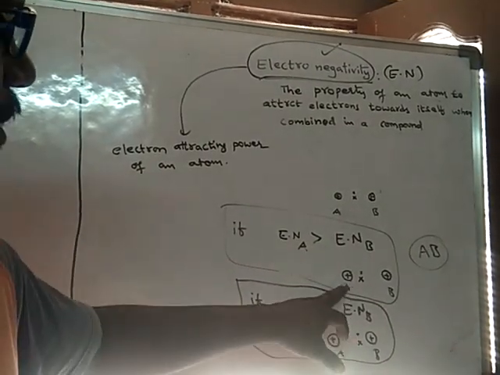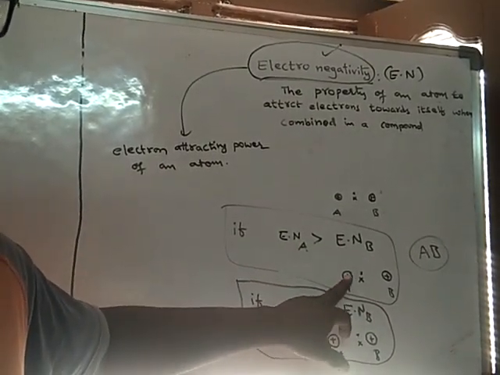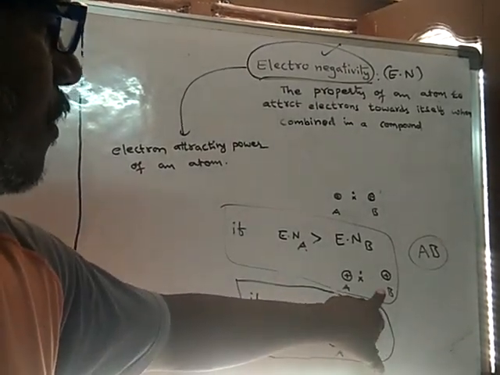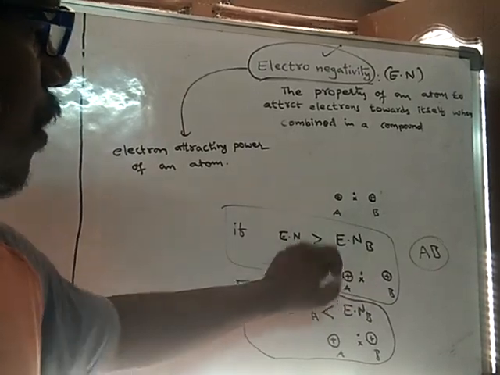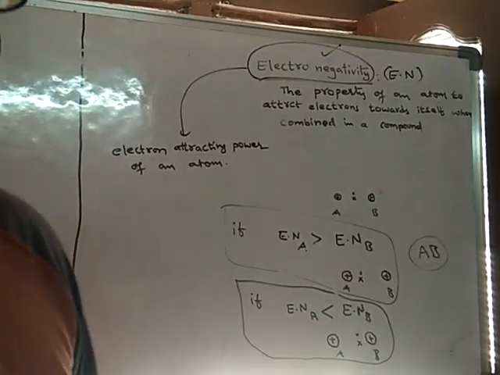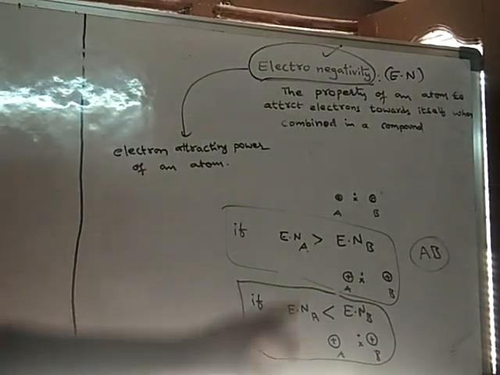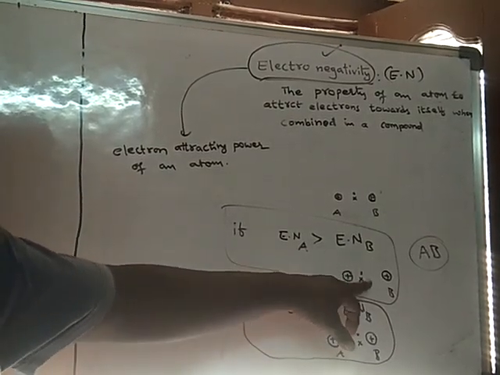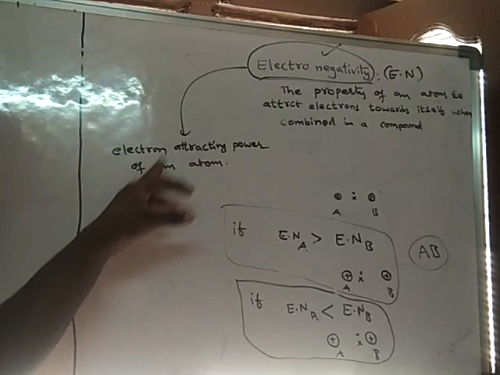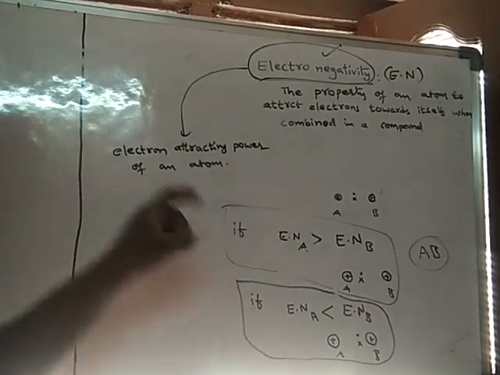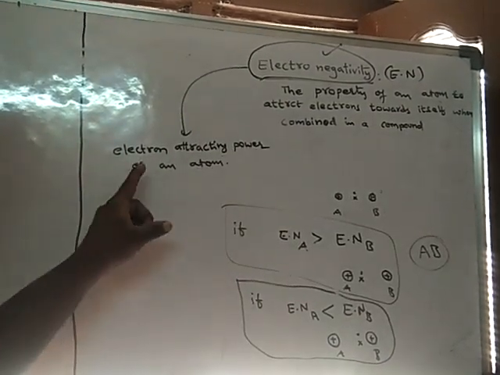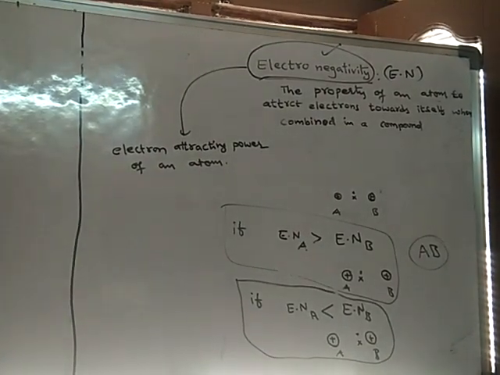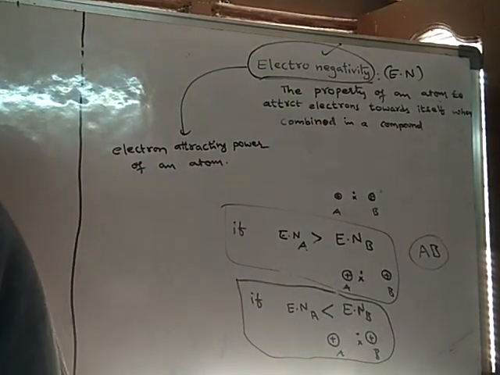As A is having more electronegativity than B, that electron pair will come towards atom A. So like this, the electron attracting ability or electron attracting power of an atom is said to be electronegativity. Okay, right.